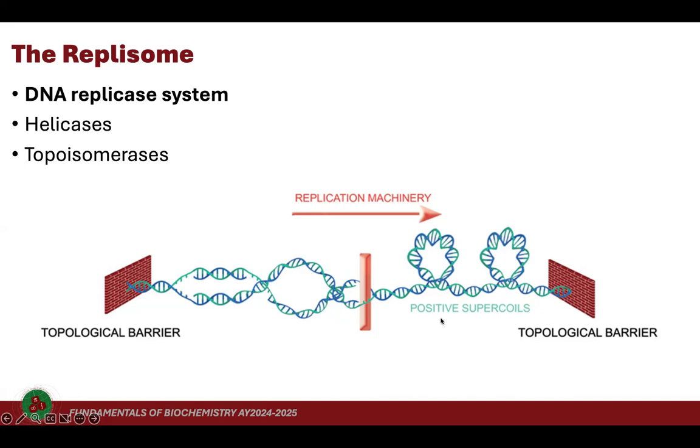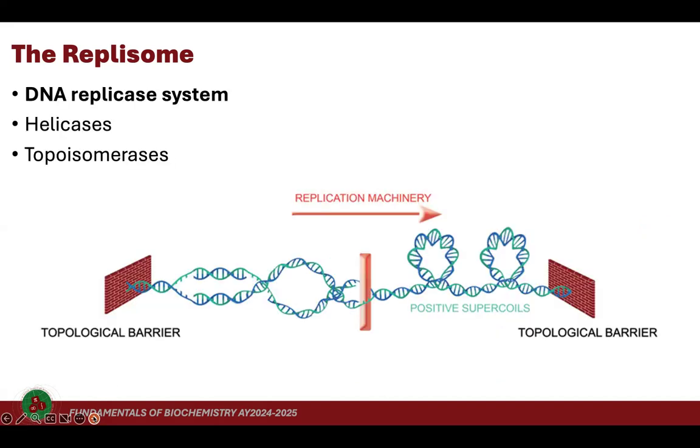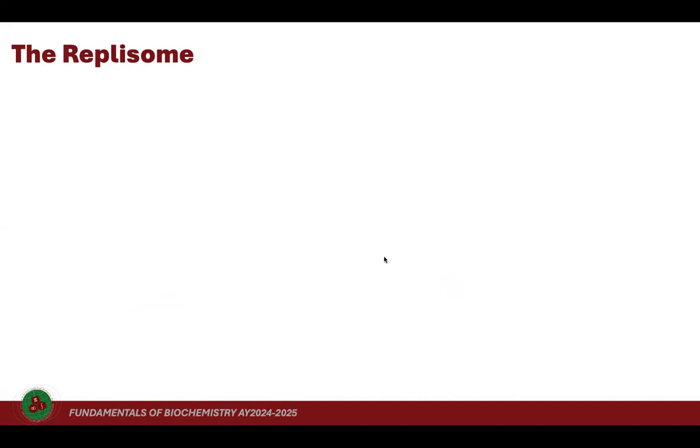So that introduces what we call topological stress. And we have what we call topoisomerases to relieve that topological stress. So you will see your topoisomerase a bit ahead of a replication fork, as you can see here. Okay, that's the function of your topoisomerase.